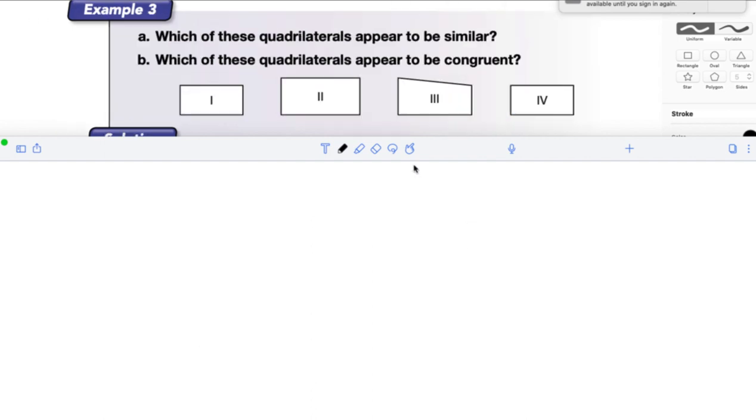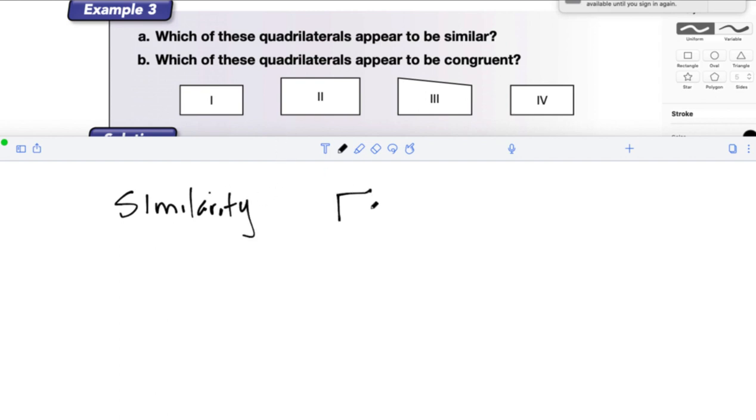In mathematics, when we talk about things being similar, what we're talking about is them actually having the same exact shape, but maybe being bigger or smaller. So when I'm talking about similarity, I'm talking about literally having the same shape.